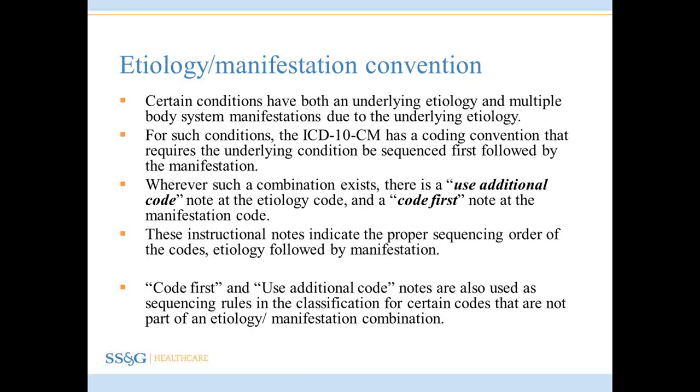They'll help you sequence them properly, and you're going to see that in the alpha index. Then when you go to the tabular index, they're also going to guide you as to what code goes first and what code goes second. Code first and use additional code notes are also used in sequencing rules in the classification for certain diseases that are not part of an etiology and manifestation combination.